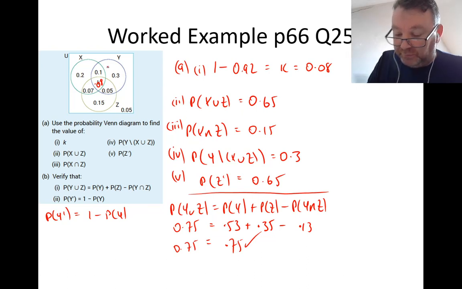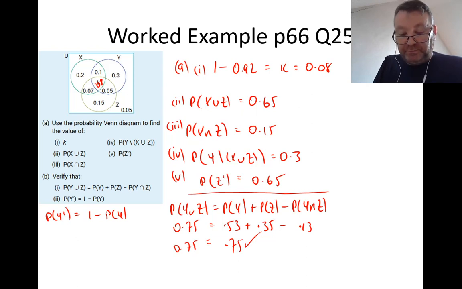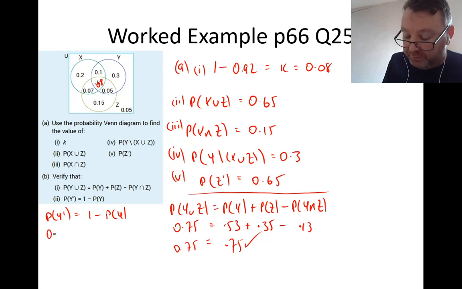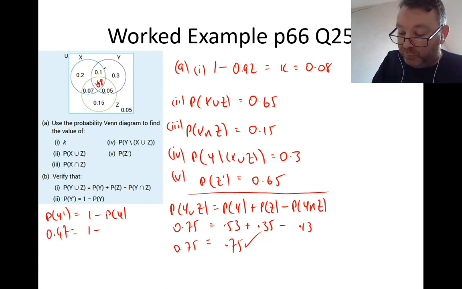So it's your 0.2 plus your 0.07 plus your 0.15 plus your 0.05, which is outside down there, don't forget that. And that gives you 0.47. 0.47 equals 1 minus the probability of y. So that's going to be what? 0.1 plus 0.3 plus 0.08 plus 0.05, which works out as a half, which is 0.5.